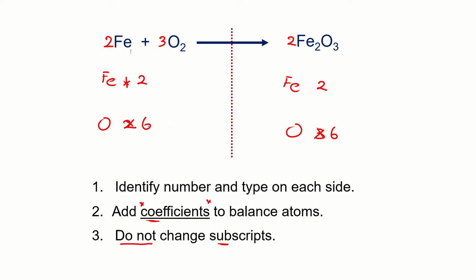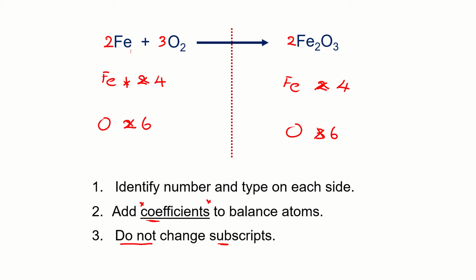Then the oxygen atoms are balanced, but adding these 2 over here, what happened to the number of iron atoms now? You have 2 multiplied by 2. Now you're ending up with 4 iron atoms. If you are going to have 4 iron atoms on the product side, that means you should have 4 iron atoms on the reactant side.